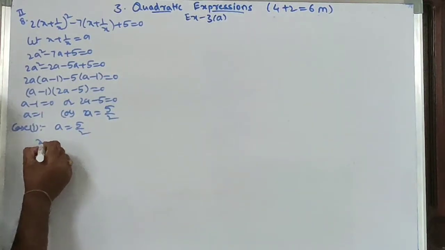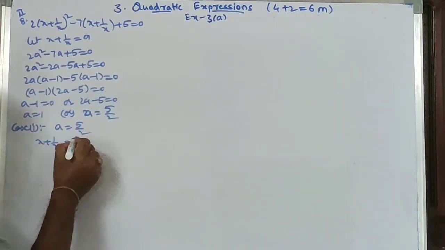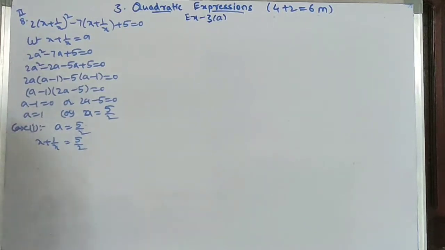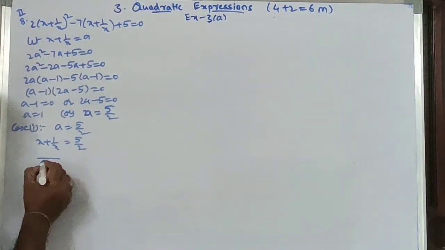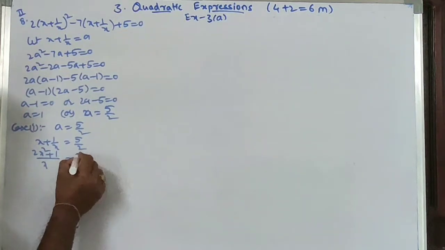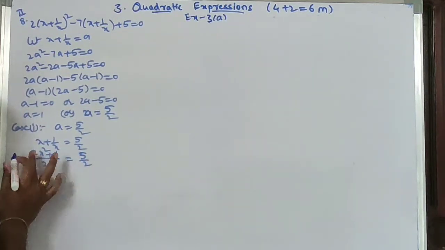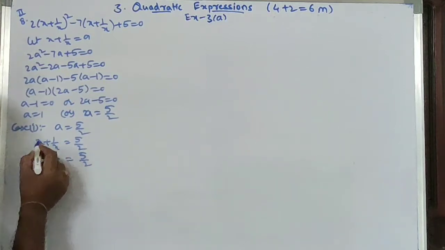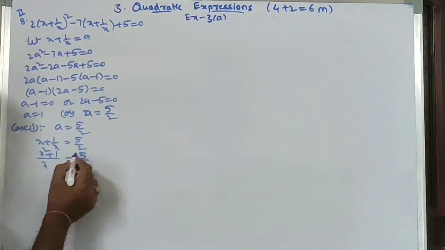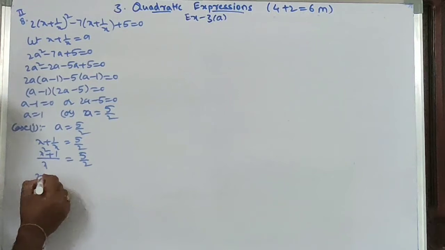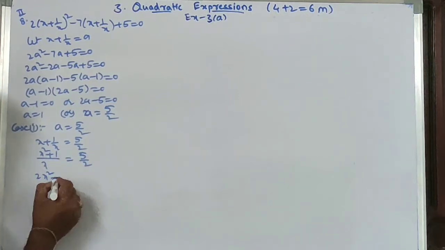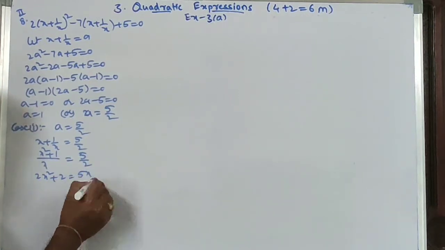What is a? x plus 1 by x equal to 5 by 2. Taking LCM x, x square plus 1 by x equal to 5 by 2. Cross multiplication: 2x square, 2 into 1, 2 equal to 5 into x, 5x.